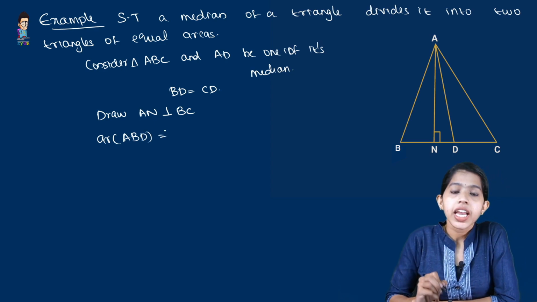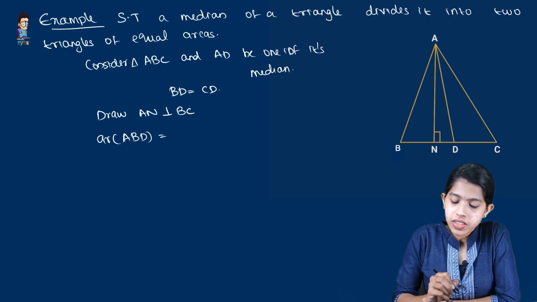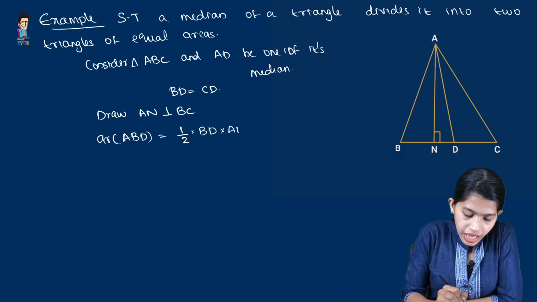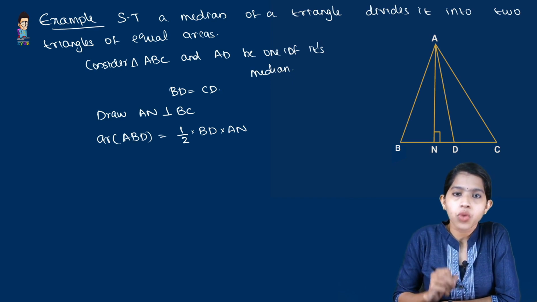We know that area of a triangle is equal to half into base of the triangle into corresponding altitude. Here, base is equal to BD and corresponding altitude is AN. So, area of ABD is equal to half into BD into AN. Now, we know that BD is equal to CD.